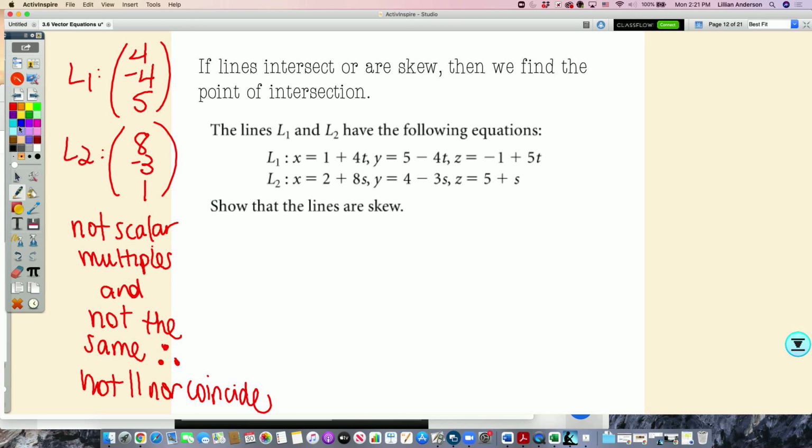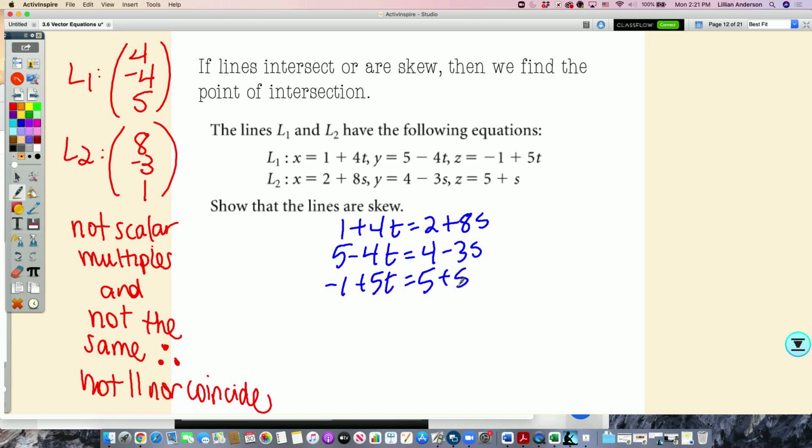So that means we have to go through and solve the system. So that's going to be 1 plus 4t is equal to 2 plus 8s. 5 minus 4t equals 4 minus 3s. -1 plus 5t equals 5 plus s. Now if you notice, this is 3 equations, but there's only 2 variables, which means you can pick just 2 of them to solve for your variables, okay?